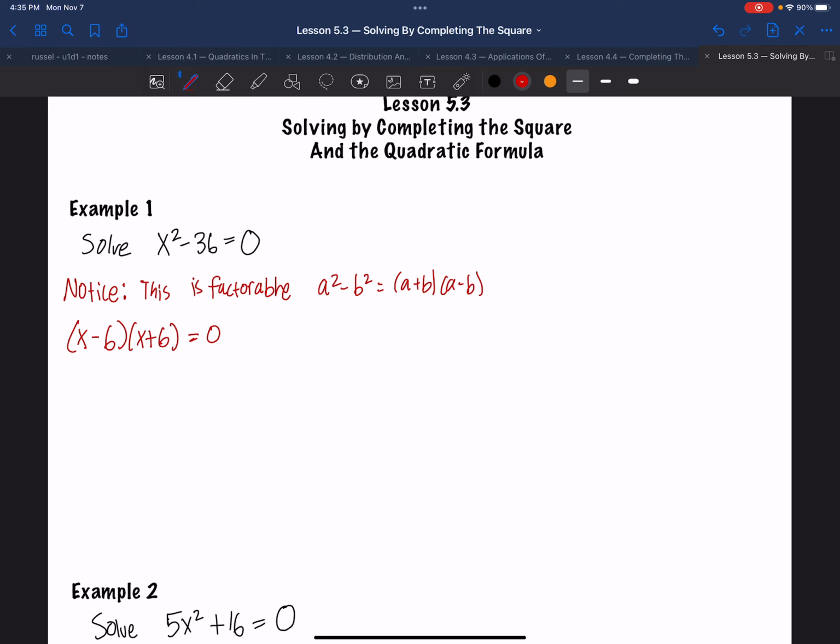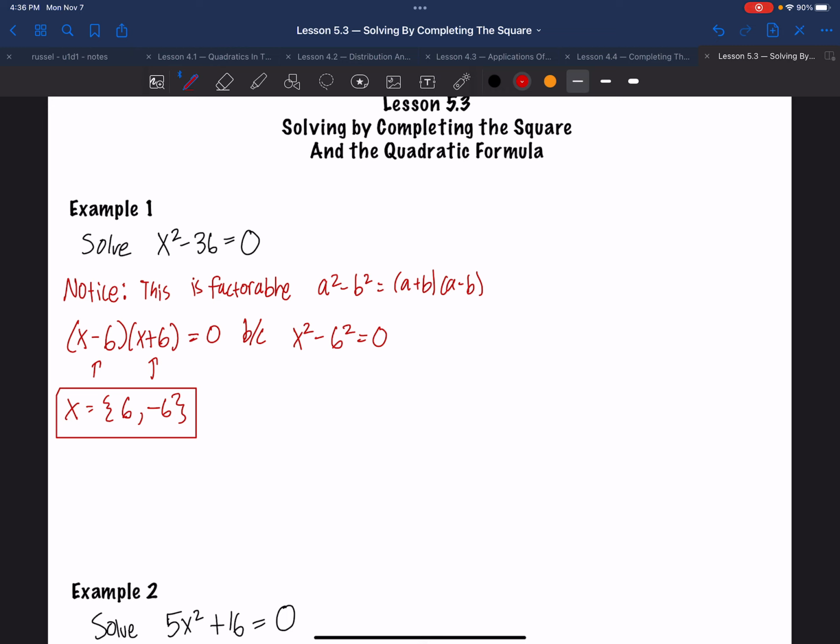Because this is x squared minus 6 squared. I might even write that because this is x squared minus 6 squared equals 0. Therefore, my solutions here are x equals 6 and negative 6. So I might box that. And boom, we did it.